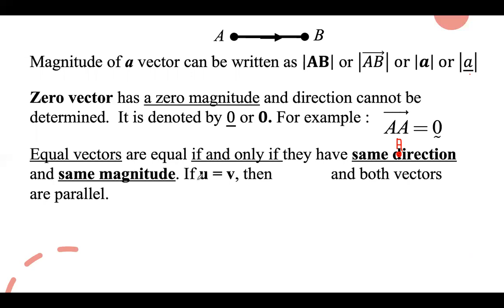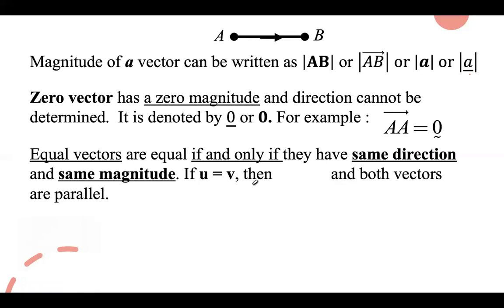Equal vectors. What do equal vectors mean? Two vectors are equal if they have the same direction and the same magnitude.